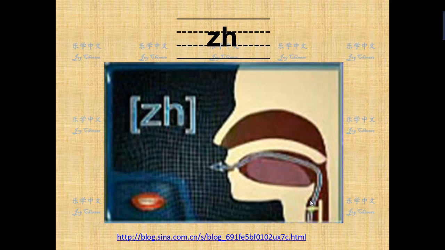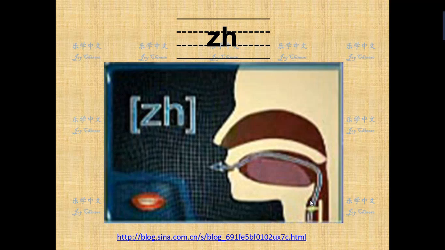For the first one, zh, I can hardly find an English pronunciation to match it, but I would suggest you try to think of the sound that little mouths make. Zh, zh. When you pronounce this zh, you bring the tip of your tongue a little bit up to the top of your mouth.